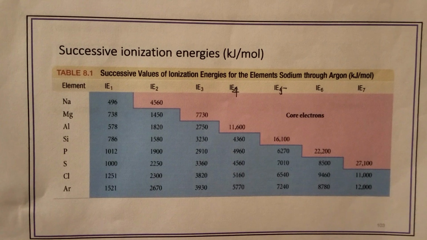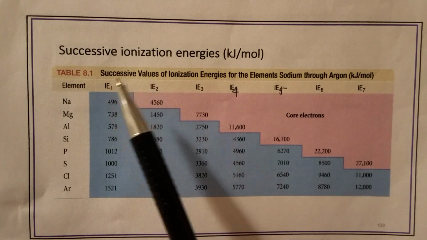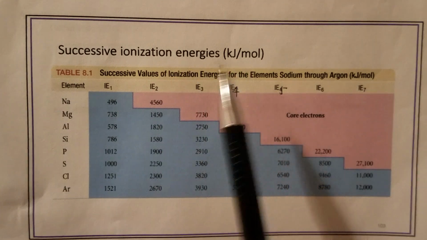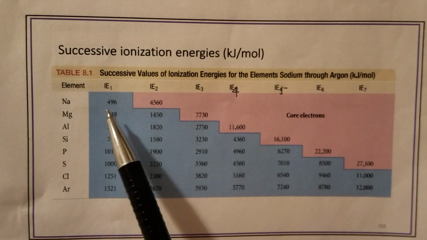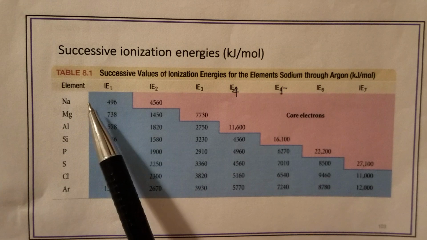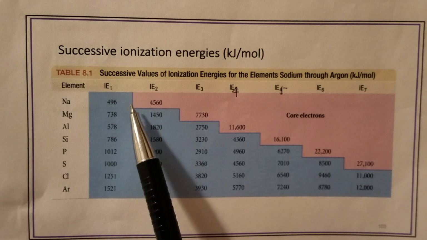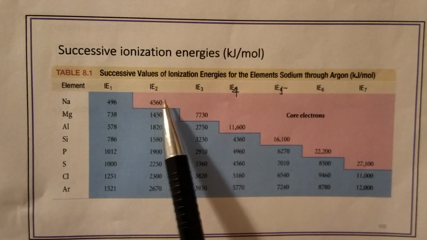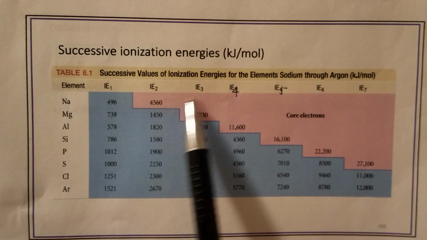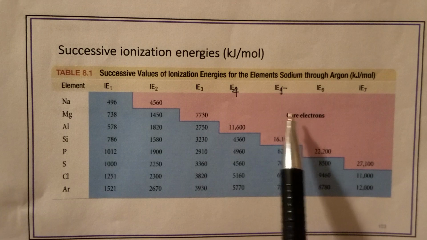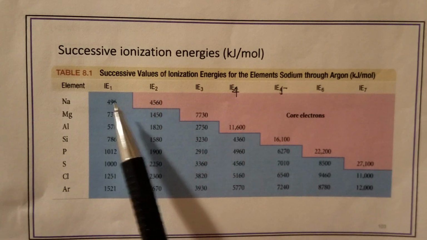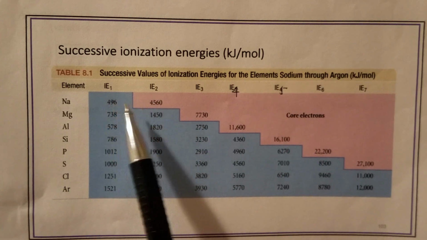And now let's also review the successive ionization energies. For group 1A, like sodium, the first ionization energy is relatively low, and then for the second one you have to remove one of the core electrons. That's why there's a huge jump, almost tenfold.